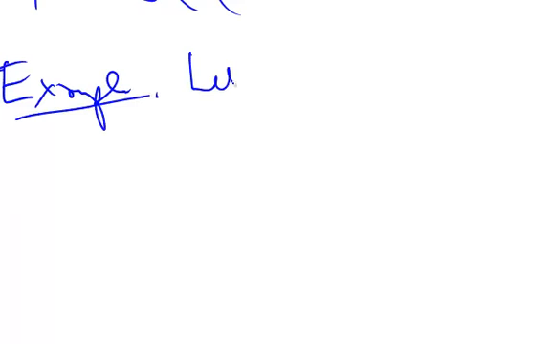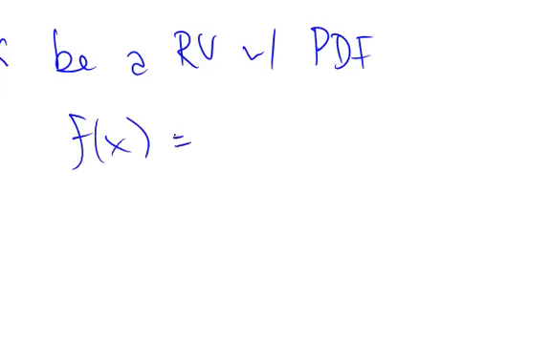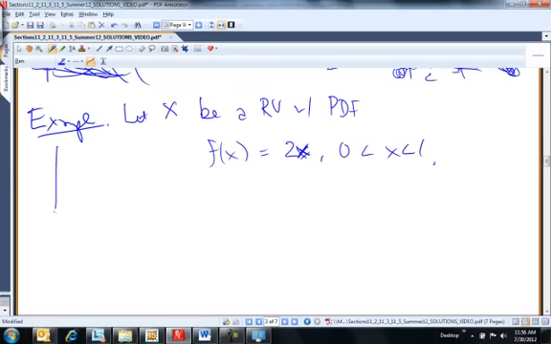Let X be a random variable with probability density function f of x equal to 2x between 0 and 1. You can check this is a valid probability density function. It integrates to 1 over this interval.